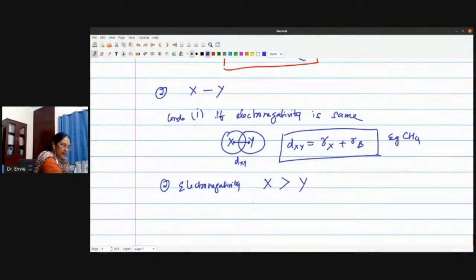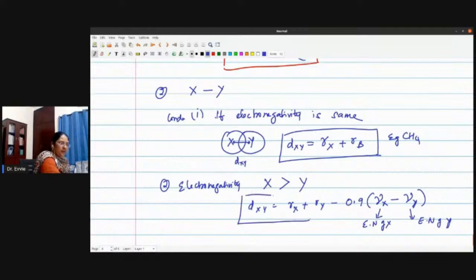So here dxy will be equal to Rx plus Ry minus 0.1, times chi of X minus chi of Y. What is this? This is the electronegativity of X, and this is the electronegativity of Y. So this is your formula.